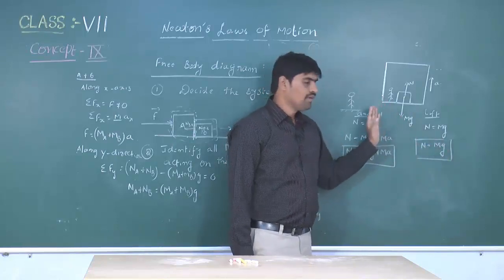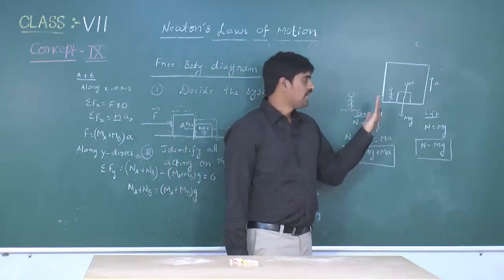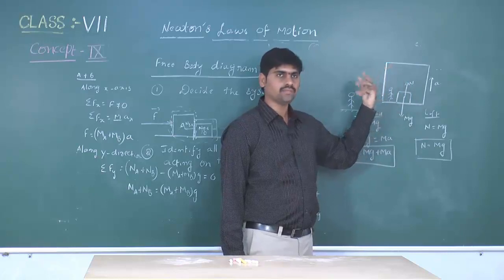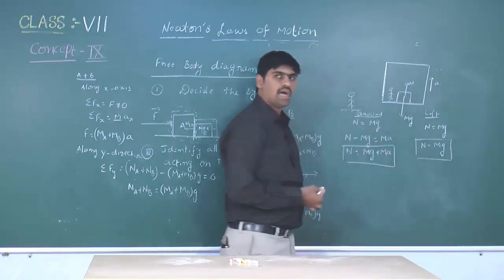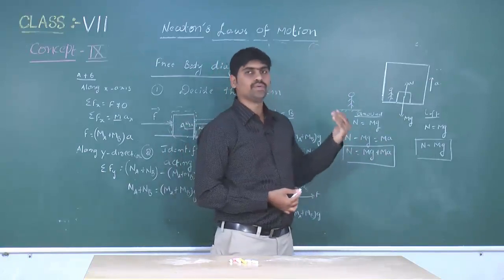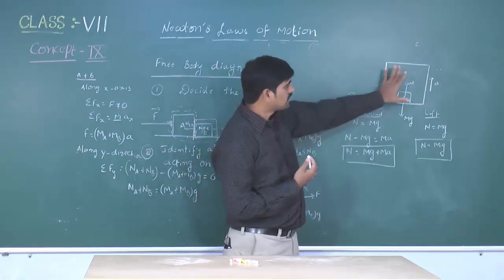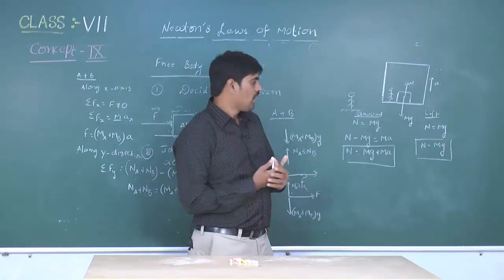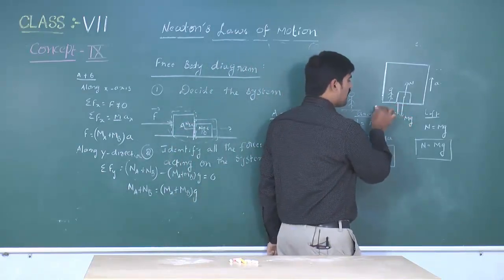Why? Because Newton's laws do not hold good in non-inertial or accelerated frames. So to make Newton's laws of motion valid in these accelerated or non-inertial frames, we include one extra term called minus ma.